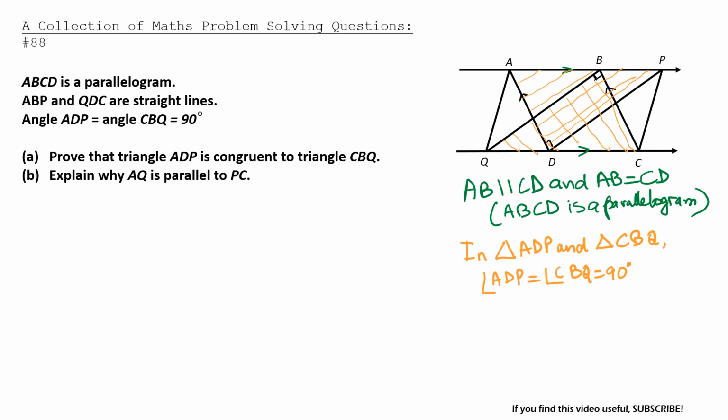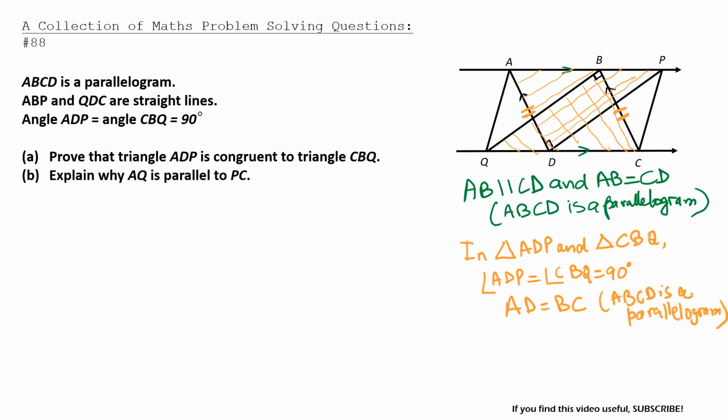So 90 degrees means one part is done, the congruency part. We'll try and see if it is an AAS or SAS congruency. Right, and next we have AD equals BC. So this is my AD, and that equals BC because they are the sides of a parallelogram ABCD.